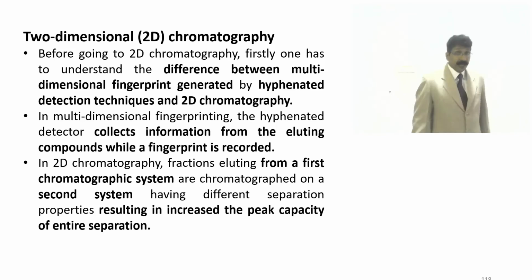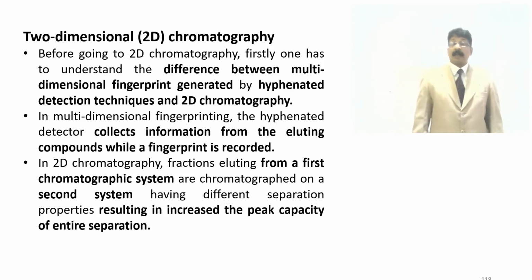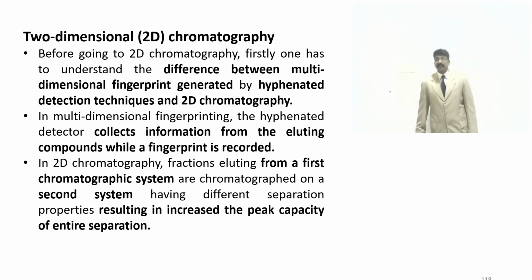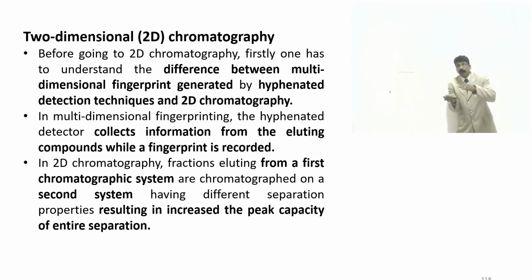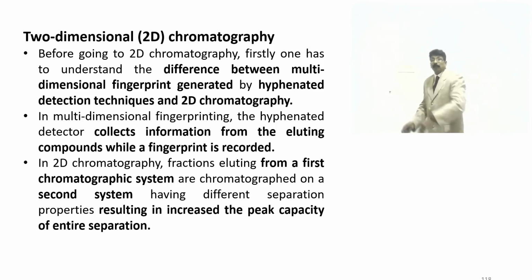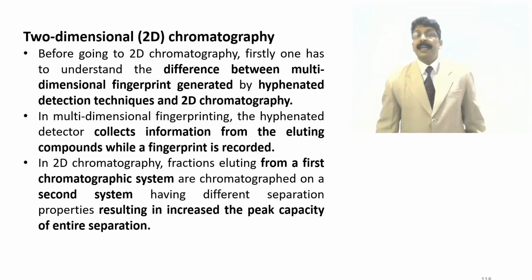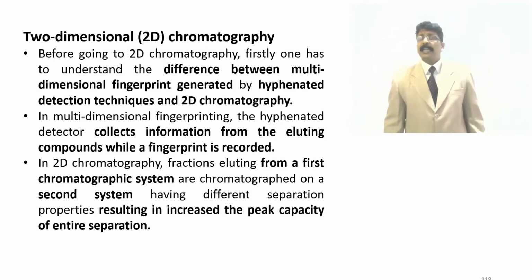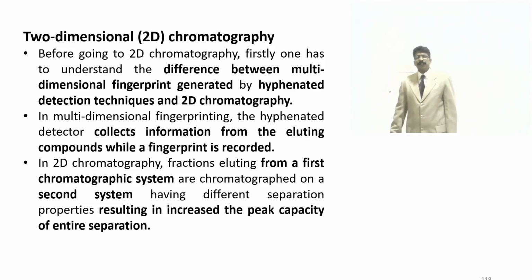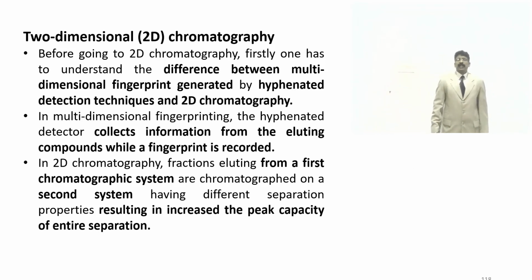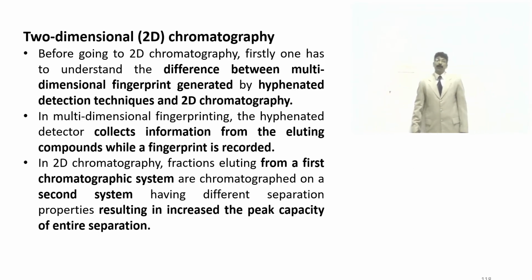Even if it is not possible to separate completely in the first chromatography, the eluted product is passed to the next chromatography. You will get complete detail about confirmation, and more feasible and more fractional separation can be obtained with a very good peak capacity.